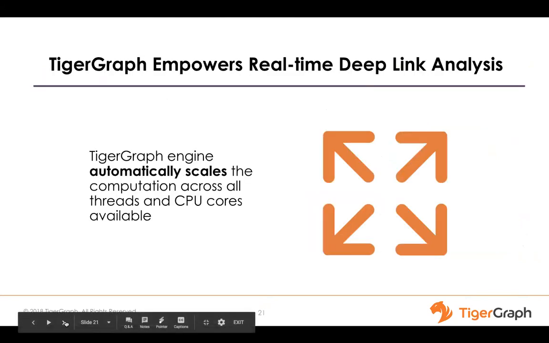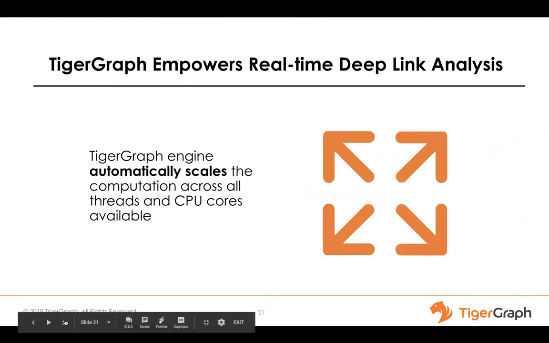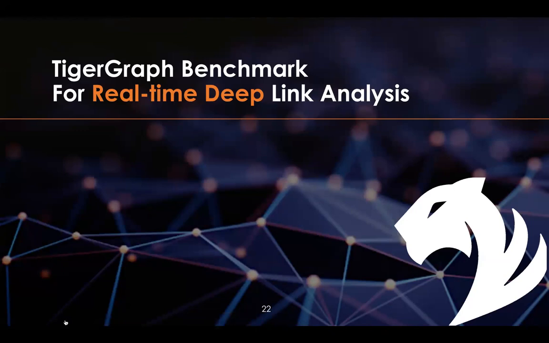TigerGraph also automatically scales the computation so that it is spread across all threads and CPU cores. We also have benchmark results to show that we can perform real-time deep link analysis in a timely fashion.